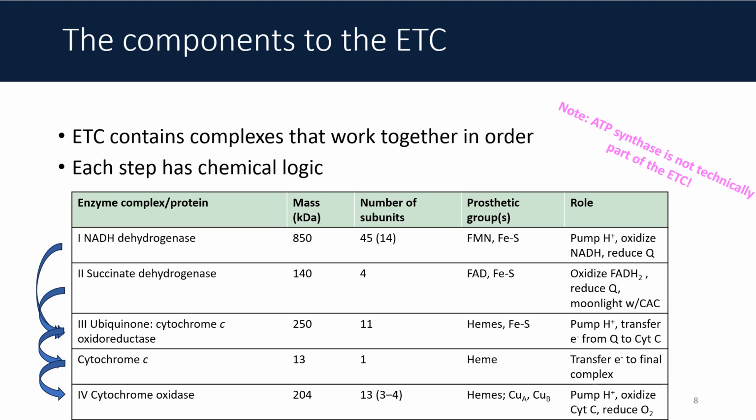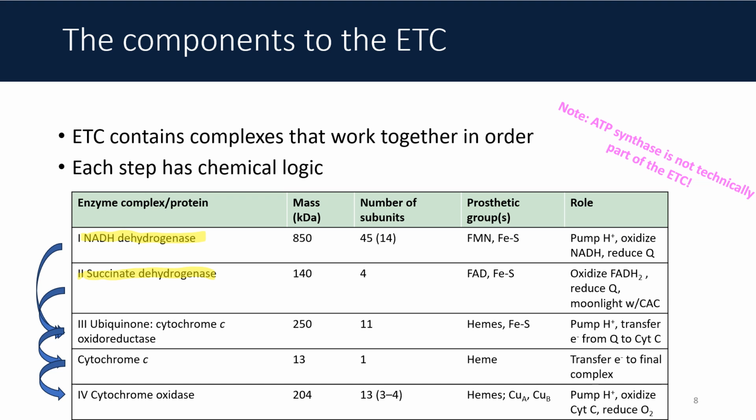The ETC components are beautiful beasts, and I've summarized their functionalities in the table below. Essentially, electrons enter this chain at one of two junctions, either complex 1 or complex 2. And I'm going to walk you through how this entire electron transfer chain works step by step. Let's say you're an NADH molecule and you're trying to dump your electrons onto the chain.